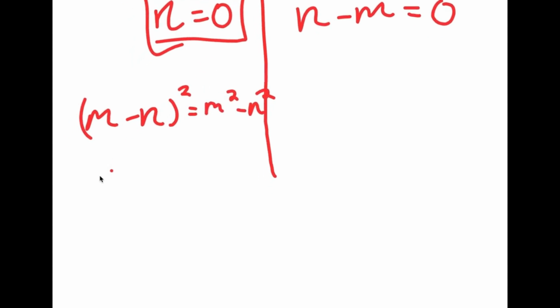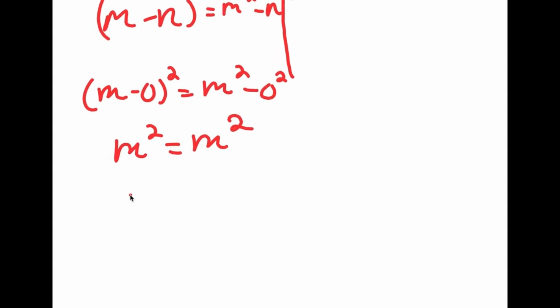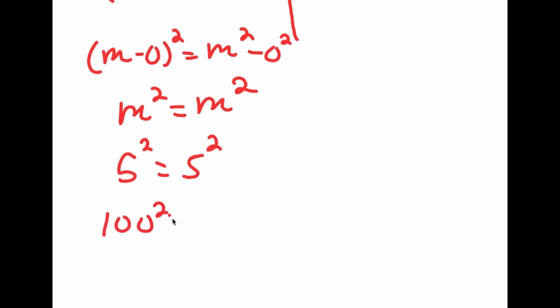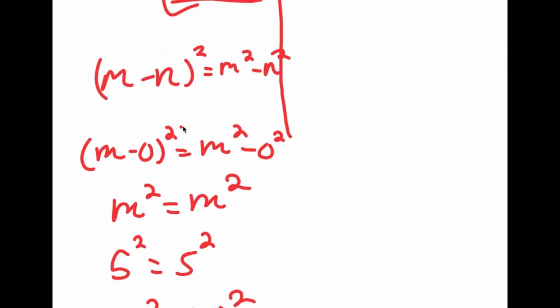If n equals 0, I get (m − 0)² is equal to m² − 0², which turns into m² is equal to m², meaning m can really equal any number. If m equals 5, then I have 5² is equal to 5². If m equals 100, I get 100² is equal to 100². So m can equal any number if n is 0.